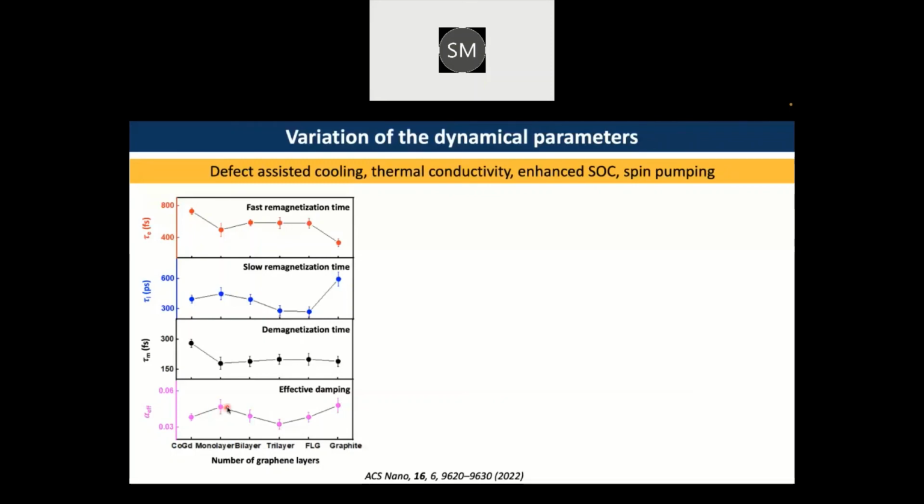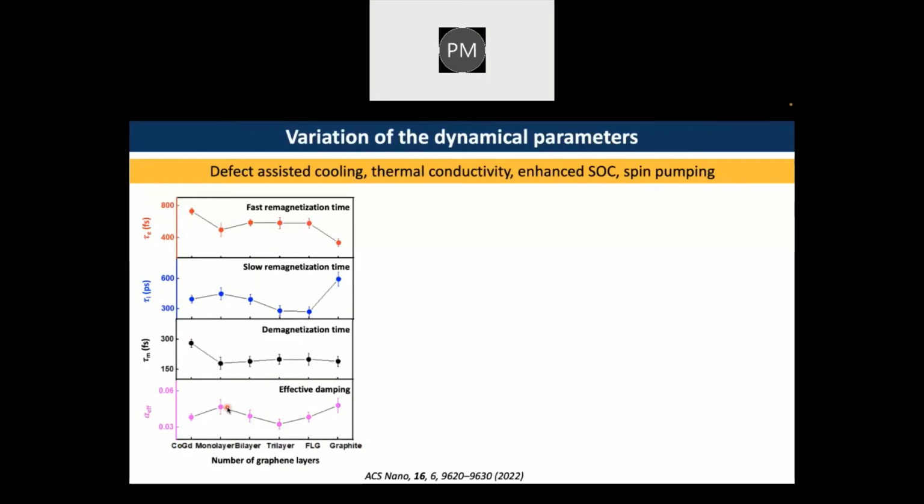It will be hard for us to compare how much defect induced spin orbit coupling is there. It is definitely there, but it will be hard to disentangle both the effects. The damping also looks very high, like 0.03? Yes, it is very high.